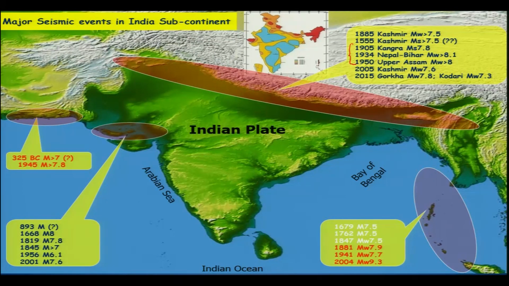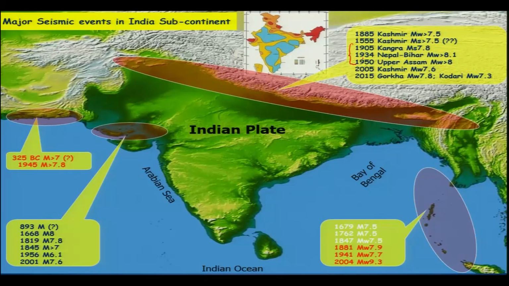Similarly, this goes for the Himalayan region, where the information we have is not complete, and we are not even sure which fault was responsible for triggering a particular earthquake.